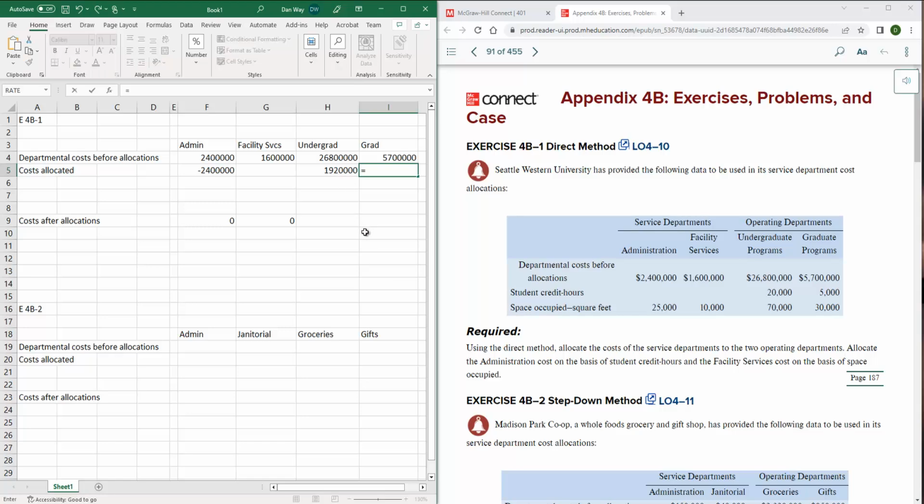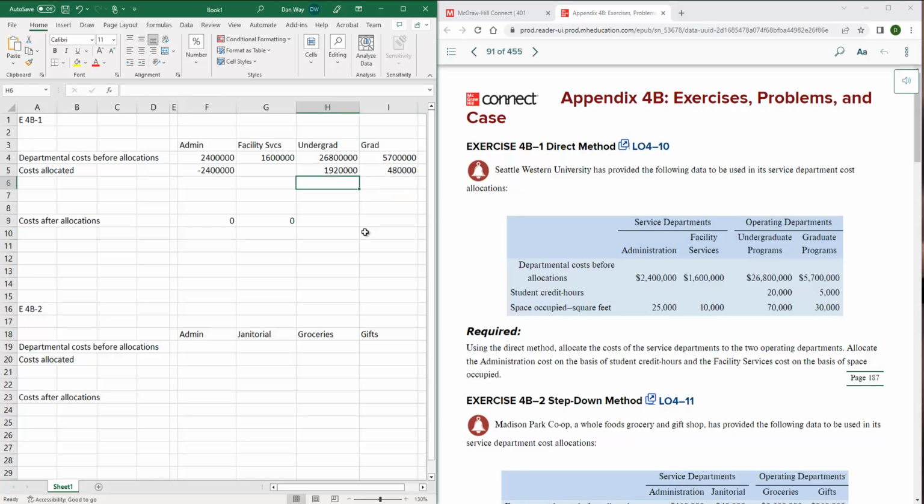Same idea here for the grad programs. I'll take the same $2,400,000, just to be thorough, times that relative portion of the student credit hours used in that department. So 5,000 divided by, again, the sum across both operating departments of 20,000 plus 5,000. Okay.